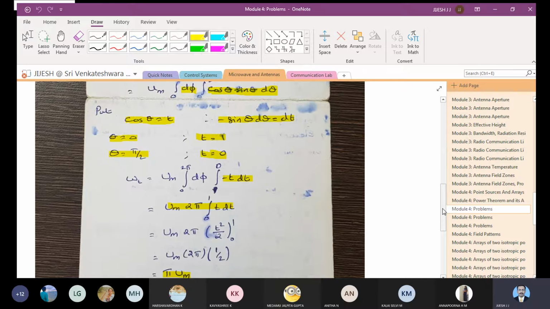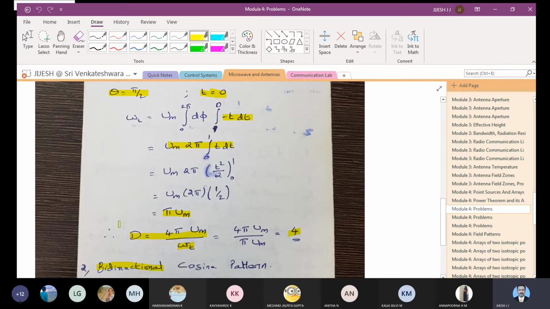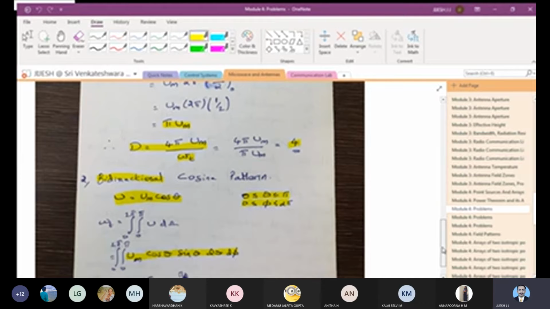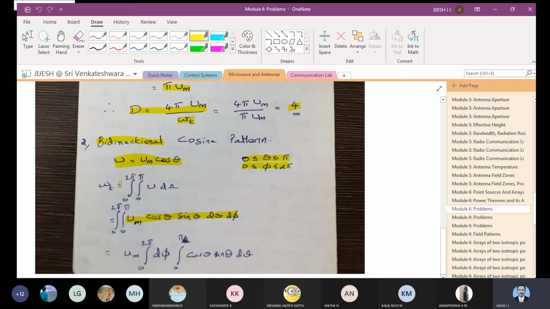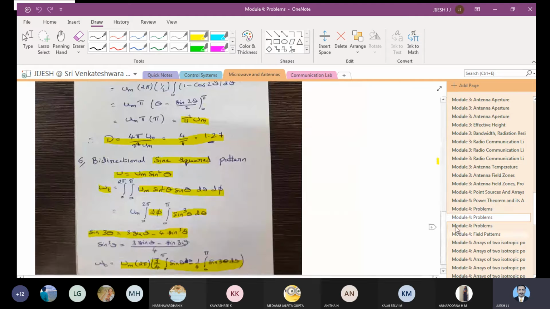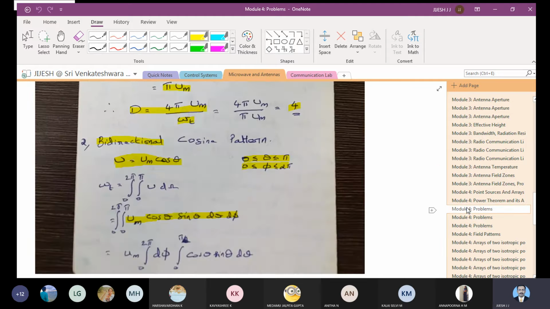Once you complete it and substitute for directivity, you will get 4. For the bidirectional cosine pattern, you can also find u equal to m cos theta. When you simplify that, Wt is equal to the integral of 0 to 2 pi, 0 to pi of u d omega. One thing you have to understand here is that it is bidirectional.